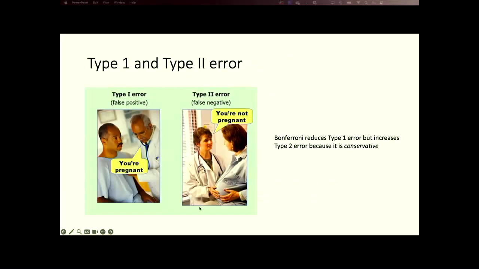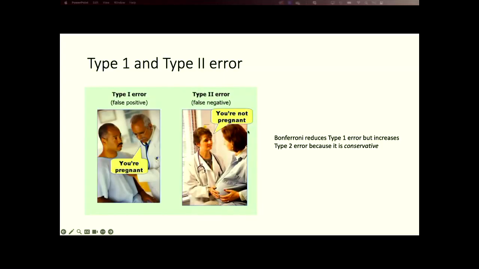So we also need to think about type 1 and type 2 error. Type 1 error, a false positive, is if this guy goes to the doctor and the doctor says, "You're pregnant." Type 2 error, a false negative, is if this very pregnant woman goes to the doctor and the doctor says, "You're not pregnant."